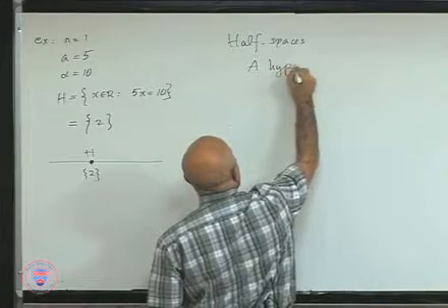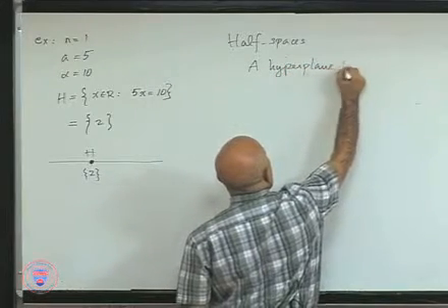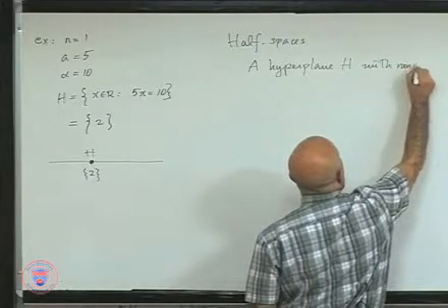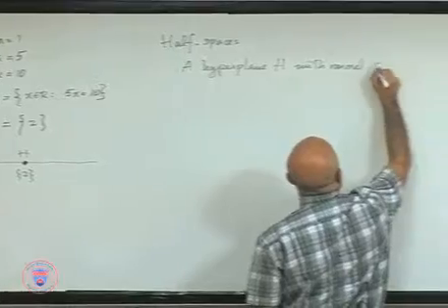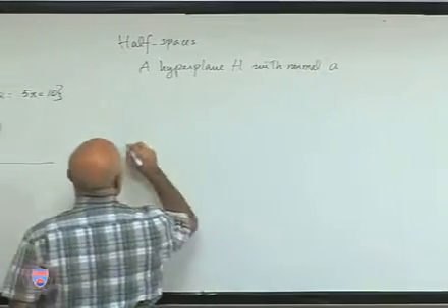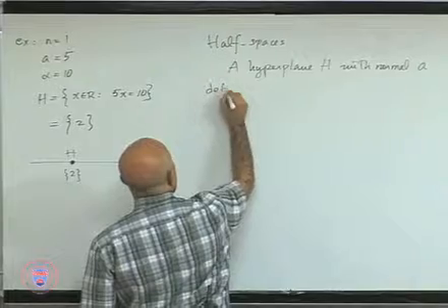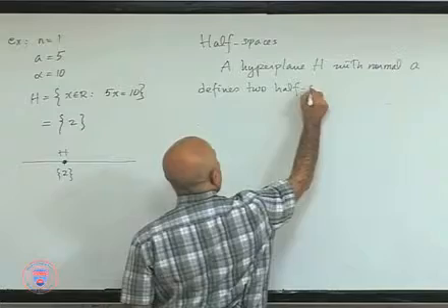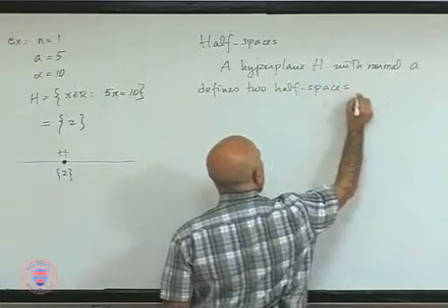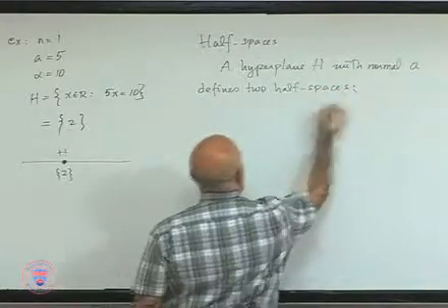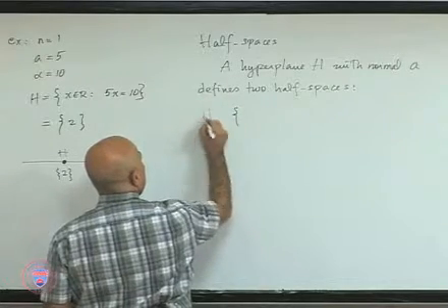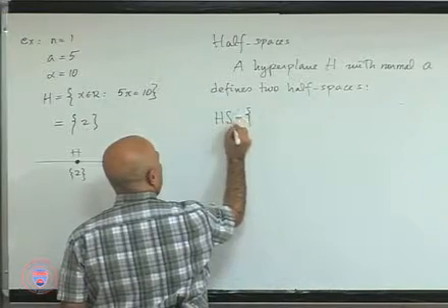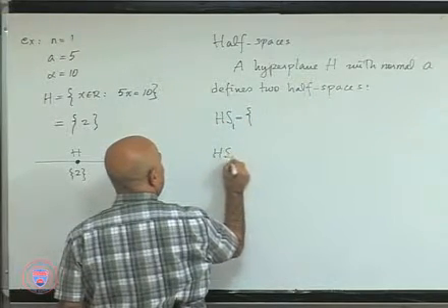A hyperplane H with normal A defines two half spaces, which I'll call HS1 and HS2.